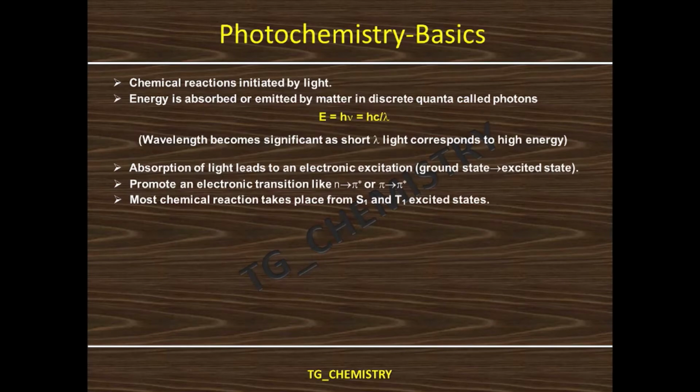For example, if you irradiate the molecule with 350 nanometer light, it corresponds to an energy of around 343 kilojoules per mole. So you can understand the correlation between lambda and energy from these parameters.